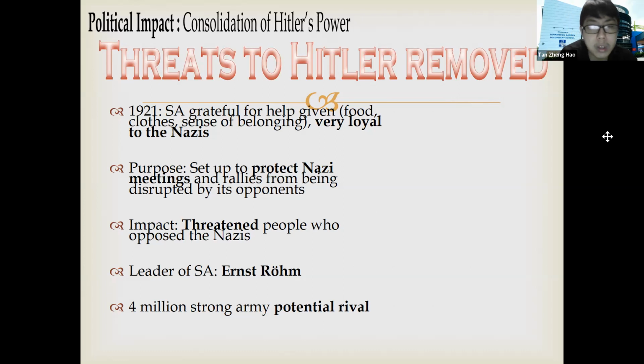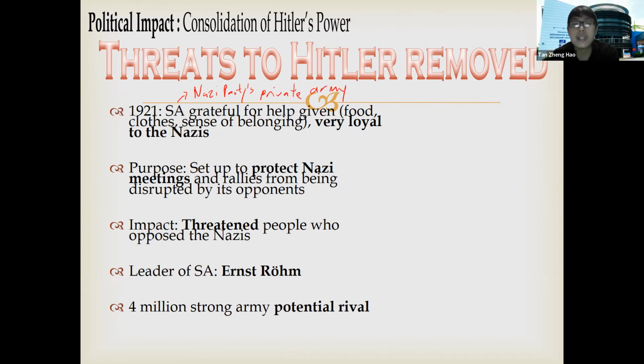In 1921, we saw that the SA were very grateful and very loyal to the Nazis. For those of you who forgot what the SA is, SA refers to the Nazi Party's private army. You can annotate this in your notes if you forget what the SA stands for.